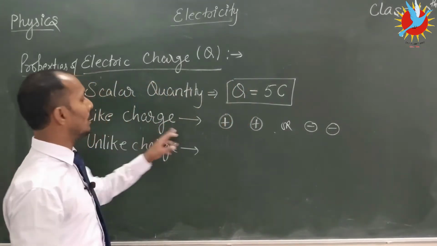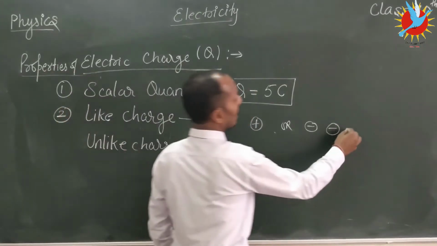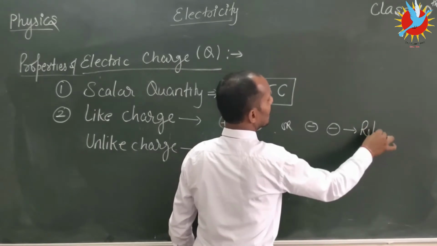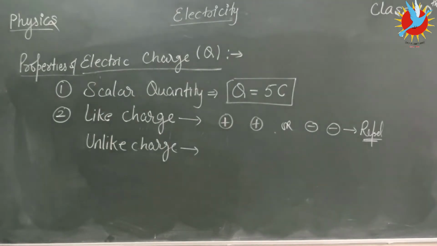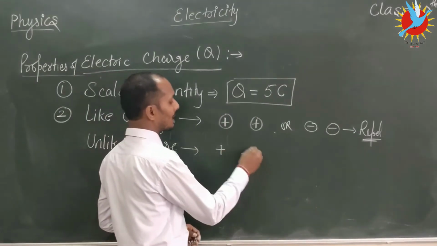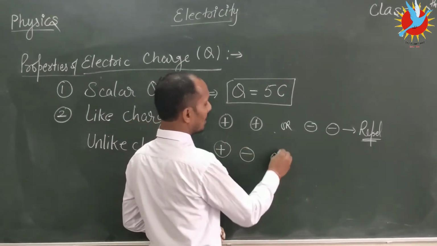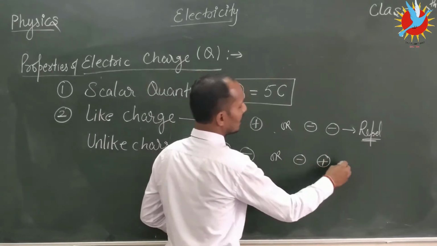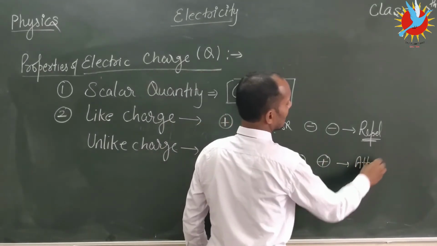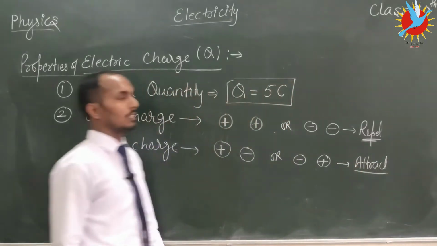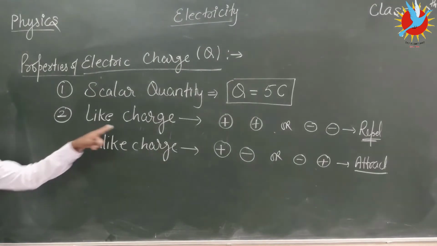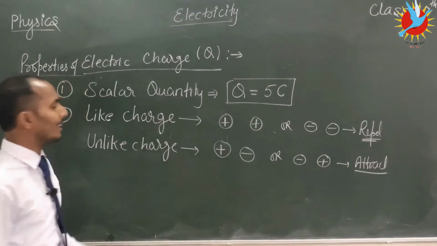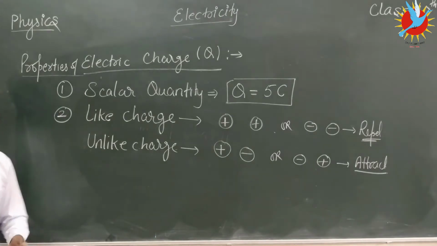Like charges repel each other, and unlike charges attract each other. Unlike charge means positive, negative, or negative, positive. They attract each other. This is the second property.